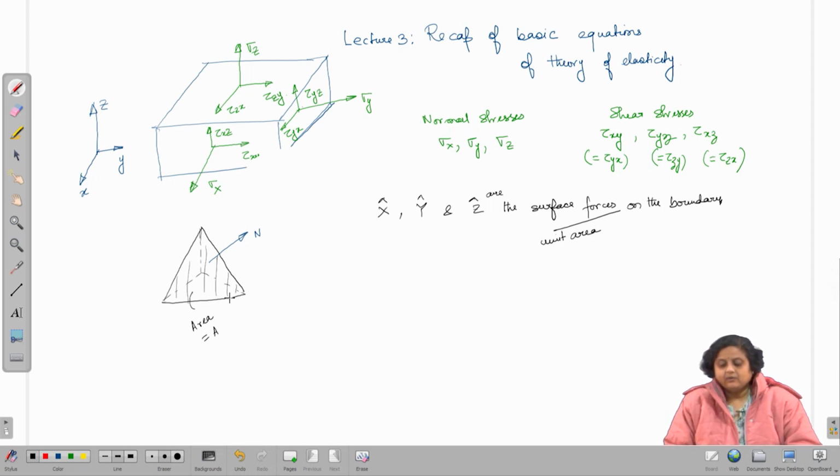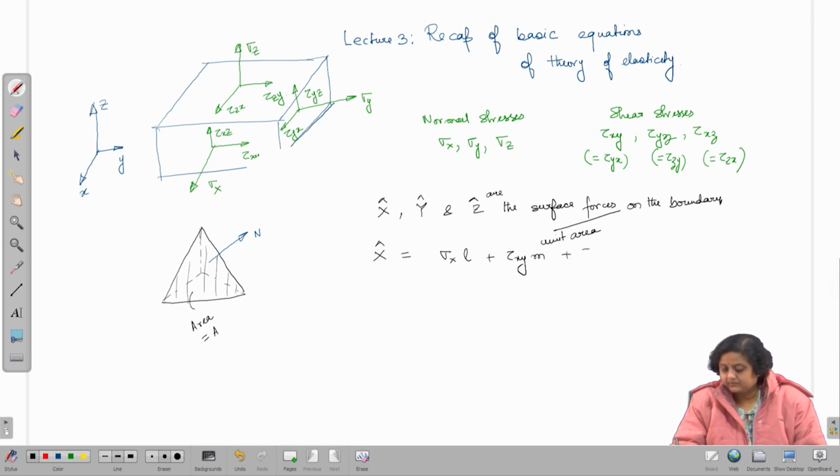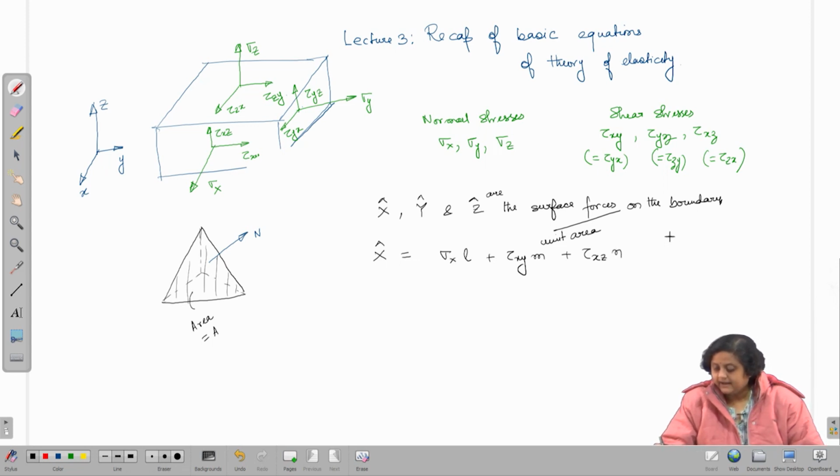Okay. Now, the boundary condition that the stresses need to satisfy is given as x hat should be equal to sigma x into L, where L is cos(n, x), where n is the normal on the boundary surface, and x is the x axis.